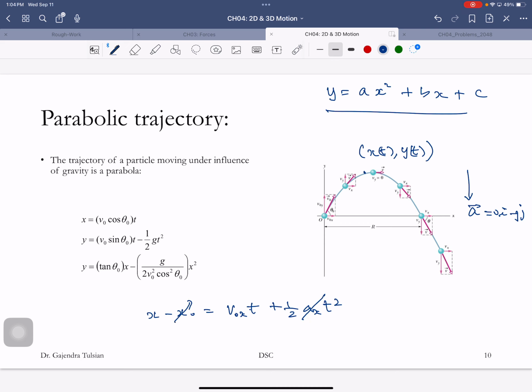The x component of the acceleration is 0. The x position as a function of time is v naught x, which is the x component of the initial velocity, so v naught cosine theta, times t. So there is the x coordinate as a function of time, and you see it's linearly increasing with time.